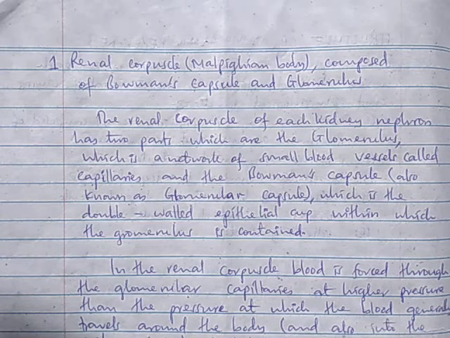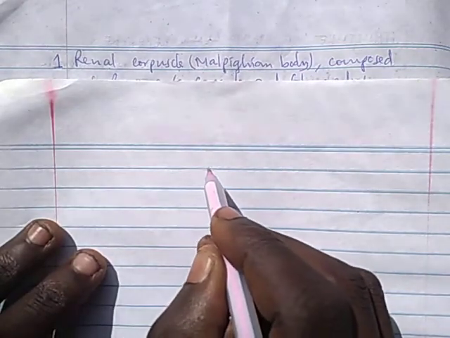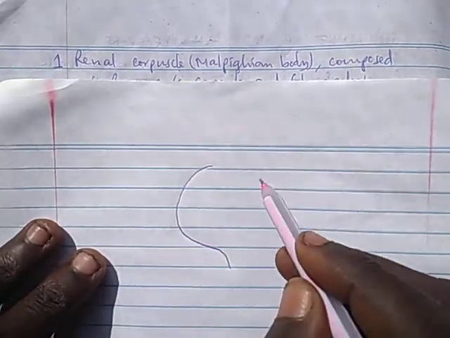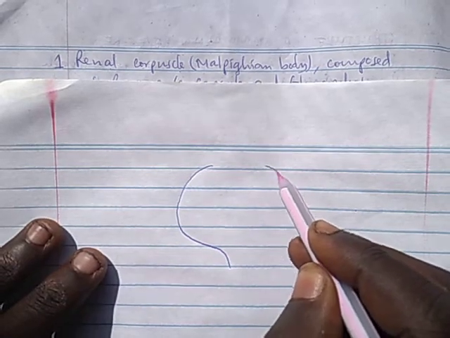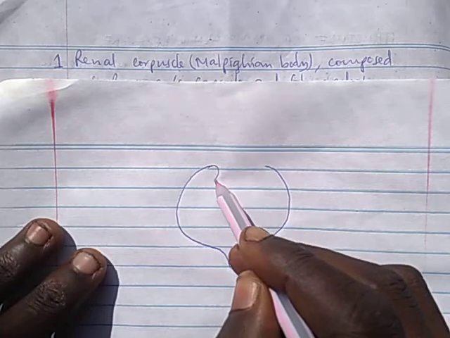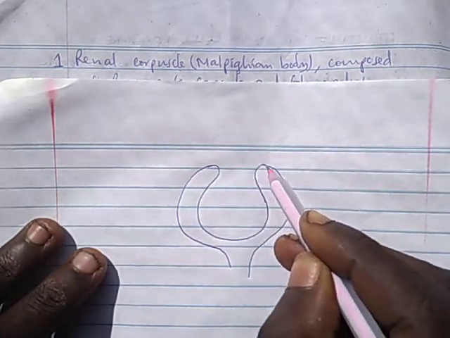So actually, if we want to draw the general structure of the Bowman's capsule, the Bowman's capsule is like a cup, like this way, and here inside is like this way.